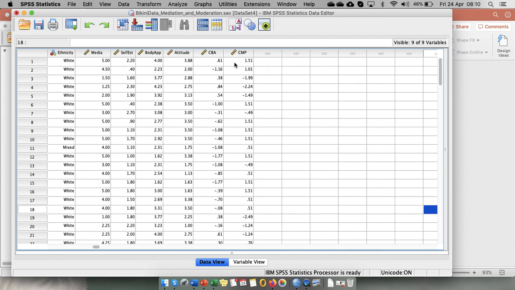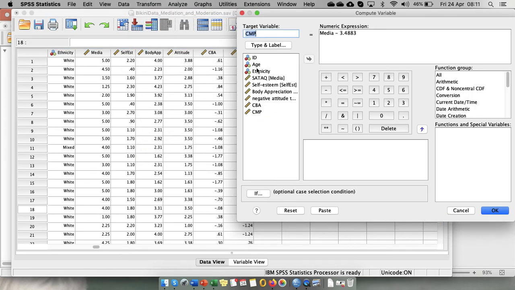Now we need to compute the interaction term between the predictor variable and the moderator variable. To do that, we'll go to Transform, Compute Variable, and we call it interaction. So it's centered BA times centered media pressure, CMP. Here we just multiply them, because an interaction term is the multiplication of two factors.